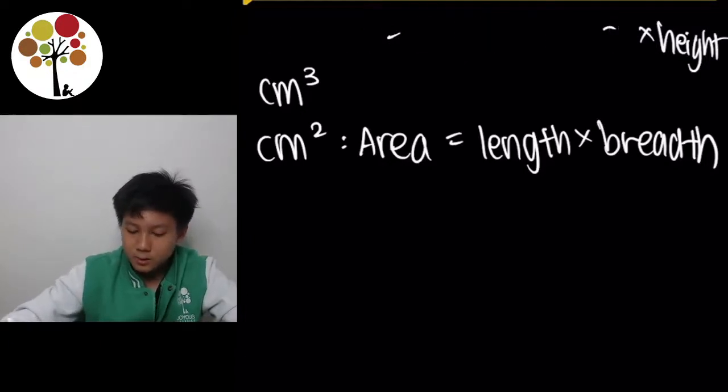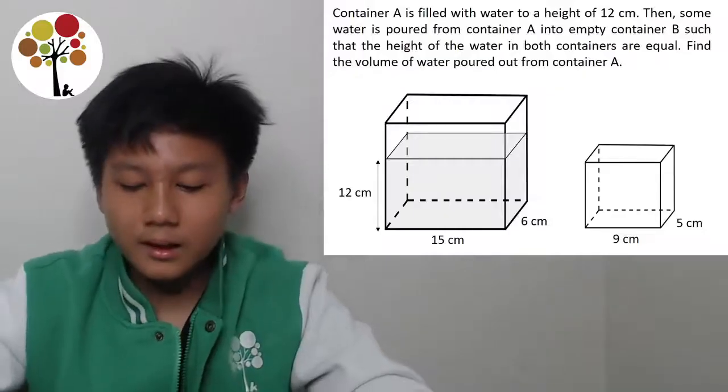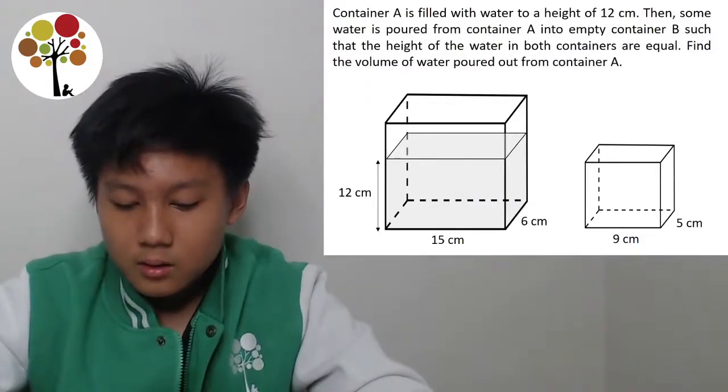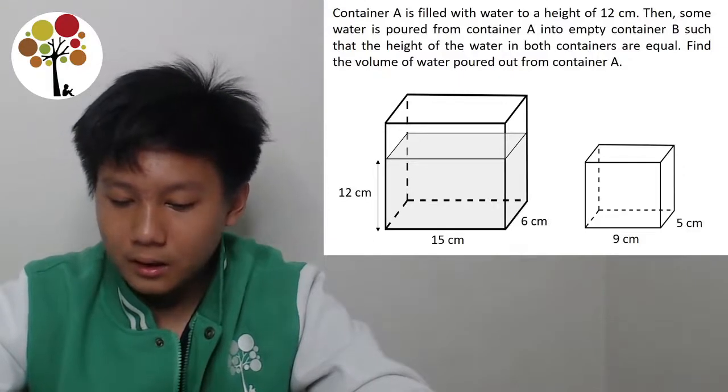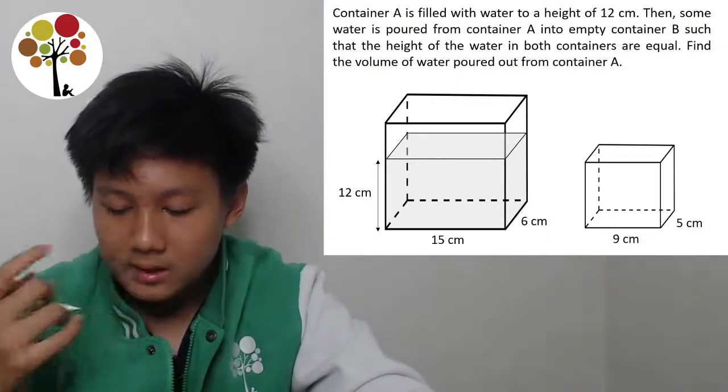So now let's go ahead and view the question. Container A is filled with water to a height of 12 cm. Then, some water is poured from container A into empty container B such that the height of water in both containers is equal.